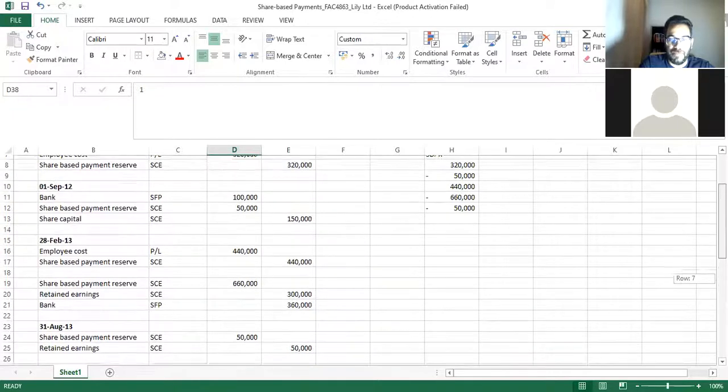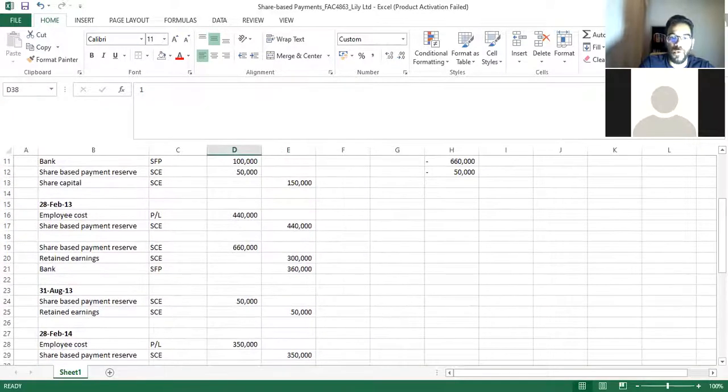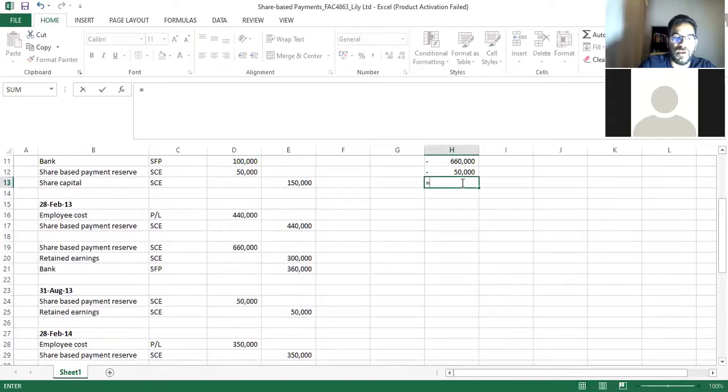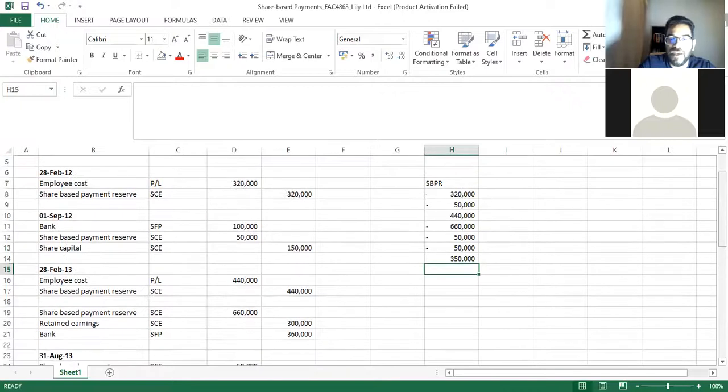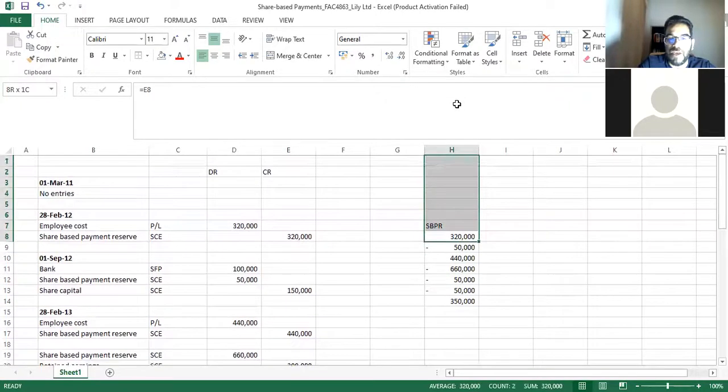But the same thing applies when you are doing it for more than 1 employee. So if you add up this, you will see based on the journal entries, we come to the share-based payment, the closing balance that we expect of 300,000 Rand.